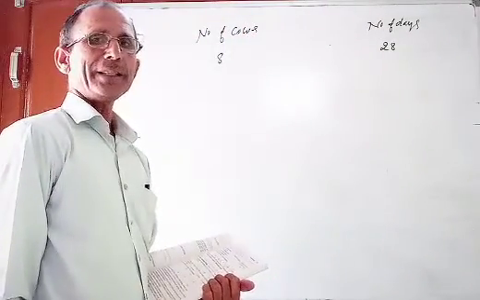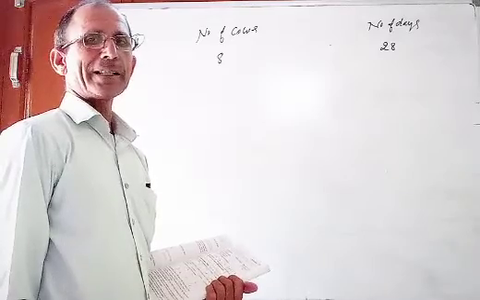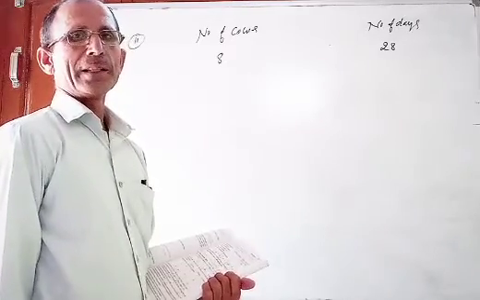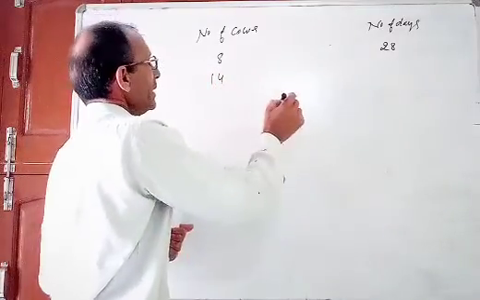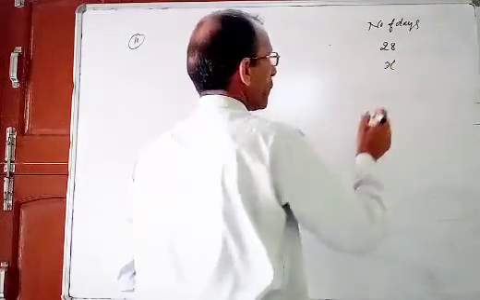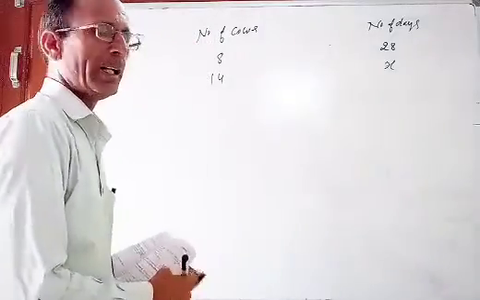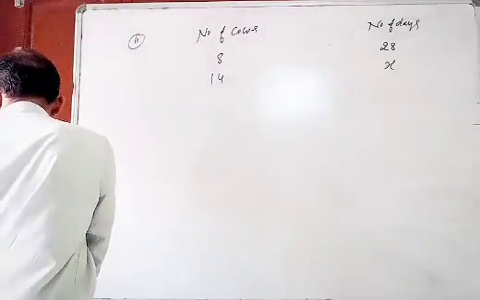So we have to find in how many days 14 cows can graze the same field. Number of cows 14. So we have to find the number of days. Have you understood?